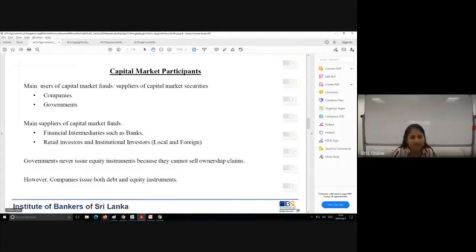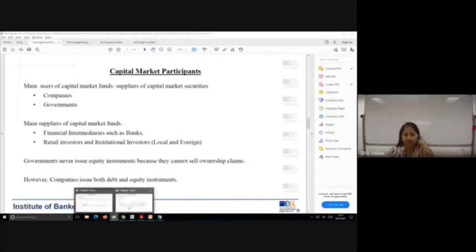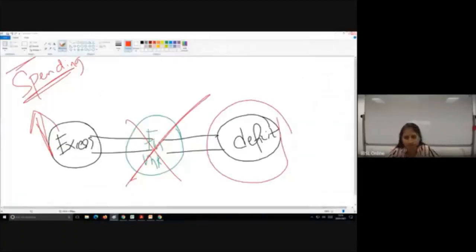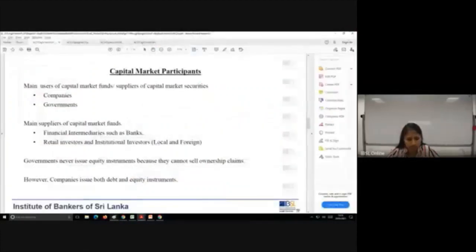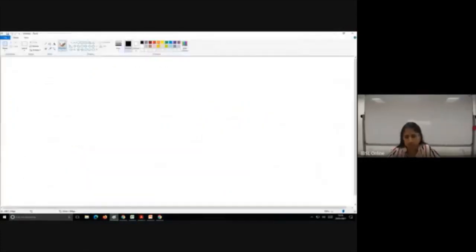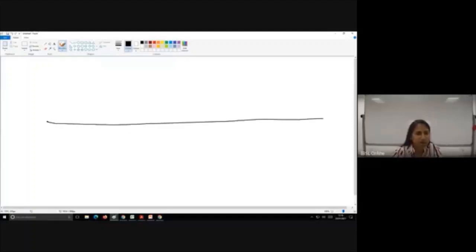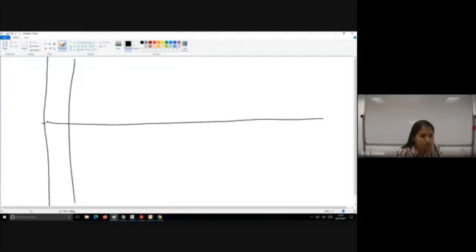Those are going to be the same party. Now, I can talk about the capital market in two senses. One is from the point of view of funds.